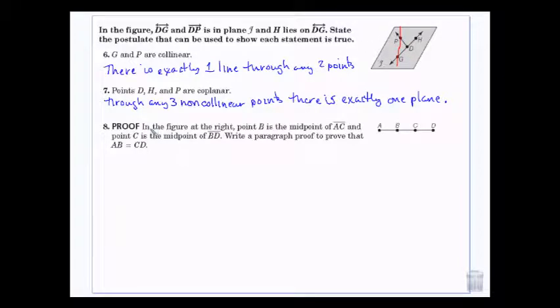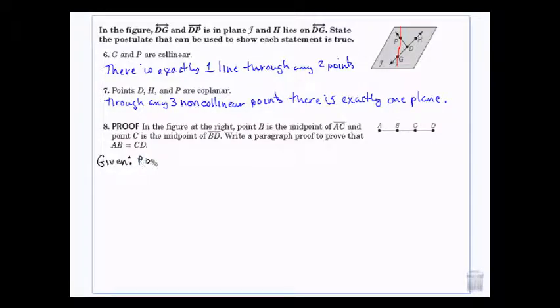Okay, so we're going to try to write a proof. In the figure at the right, point B is the midpoint of AC, and point C is the midpoint of BD. So what we have is our givens. By the way, you should always be able to come up with at least the given part of a proof because it's been given to you.